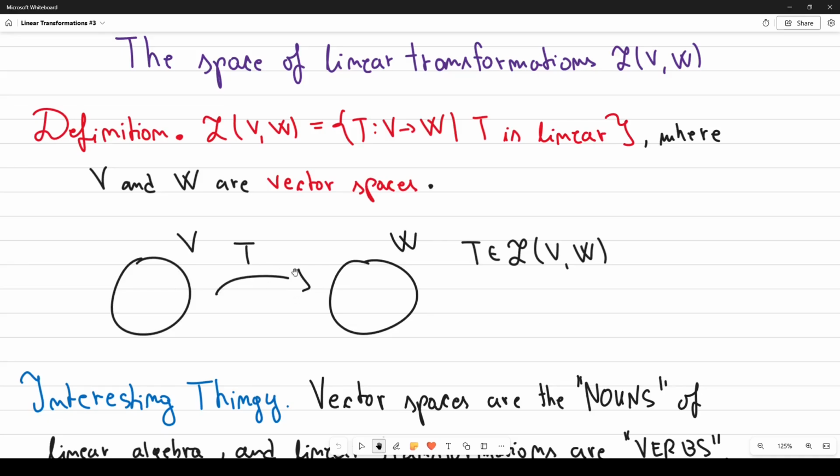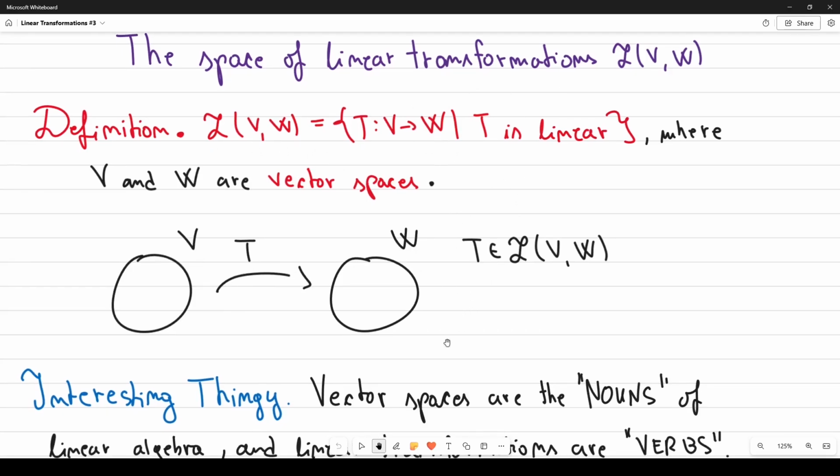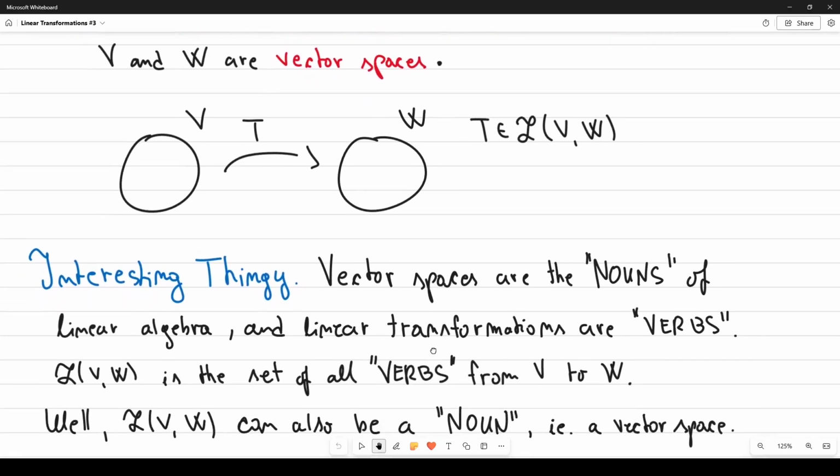Some of those mappings are linear, not all of them, and probably a small amount of those mappings are linear, because it's quite a demand for a function to be linear. But you pick up all of those possible linear transformations and you put them in a box, and that's this thingy. That's the space of all linear transformations.